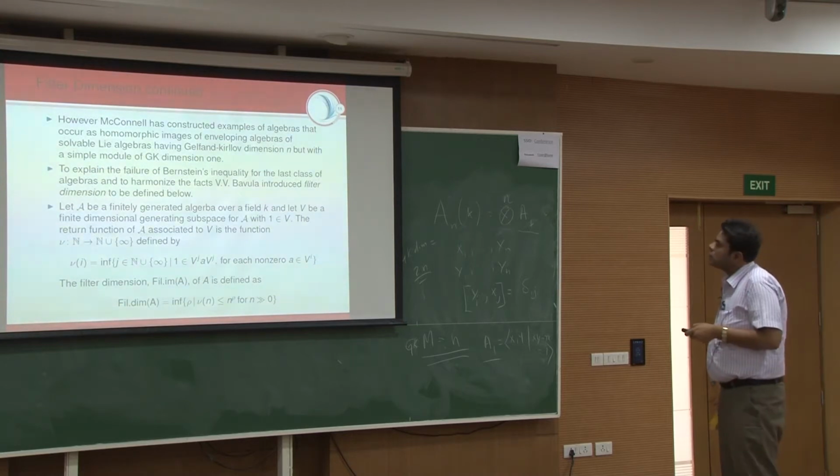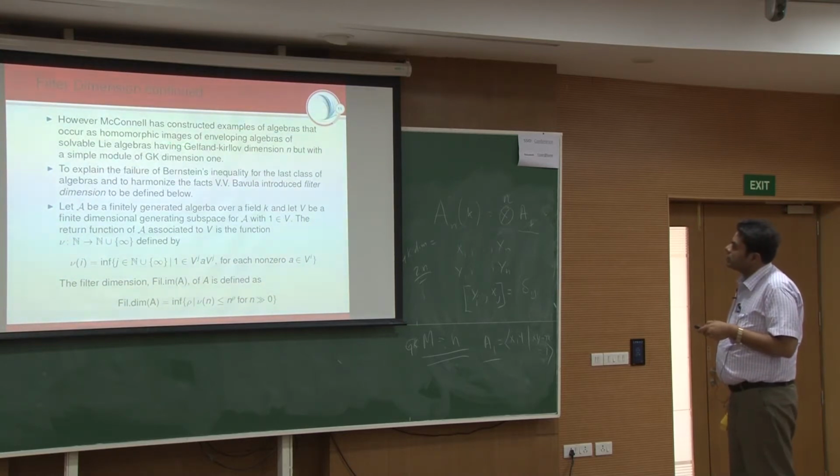So when McConnell constructed some algebras having Gelfand-Kirillov dimension n, but which had a simple module of GK dimension 1, Gabber introduced a new notion.